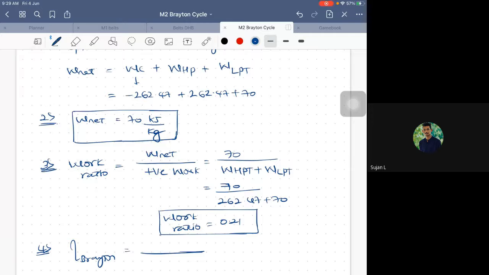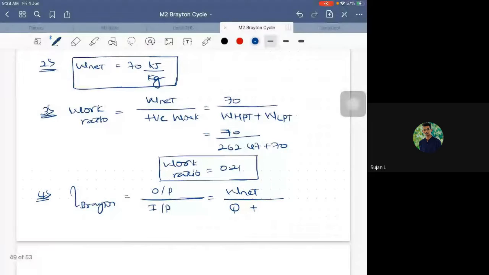It is output by input. What is the output? Output is the value of W net. What is the input? Heat input you have to take. Heat input you are given in how many stages? First in the combustion chamber. Next you are giving in a reheater. Two heat inputs you are giving.